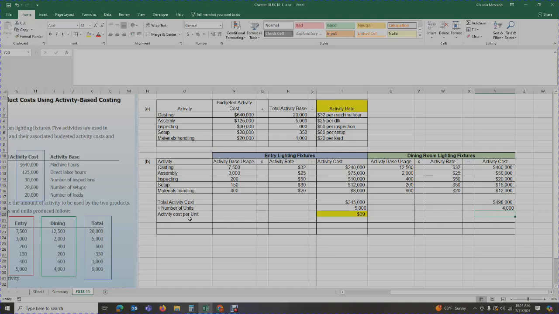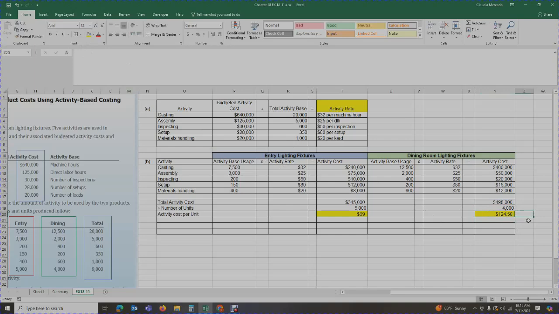So now I'm going to calculate my activity cost per unit. My activity cost per unit is going to be the 498,000 divided by the 4,000 units that we produced. That's going to give me an activity cost per unit of $124.50.